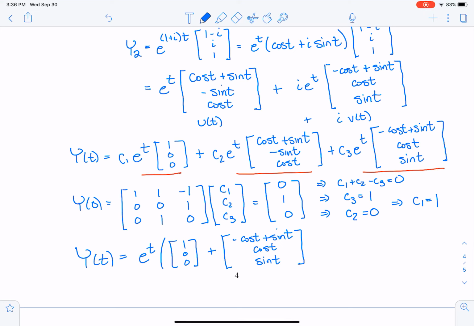And so that now solves the initial value problem. It's important to note that you might have gotten a different general solution than I did based on how you chose your eigenvector. But once you plug in the initial condition, then you should get the same solution that I got. You'll get different constants maybe for c1, c2, and c3, but your final solution should be the same.